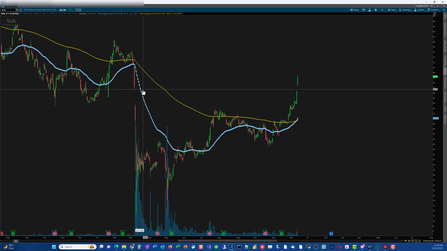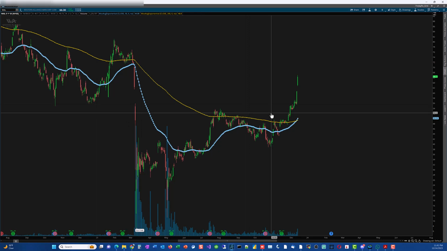All right, so I'm looking at maybe 61, 62 in this area would be a nice area to probably look for a long, and then try to target this 70 mark. So you're looking at another $4 of profit that you can probably take. And obviously make sure you put your risk markers in, right?